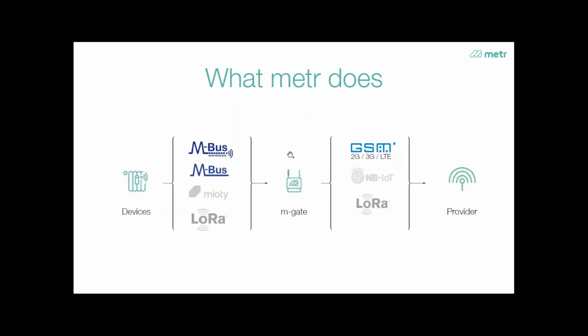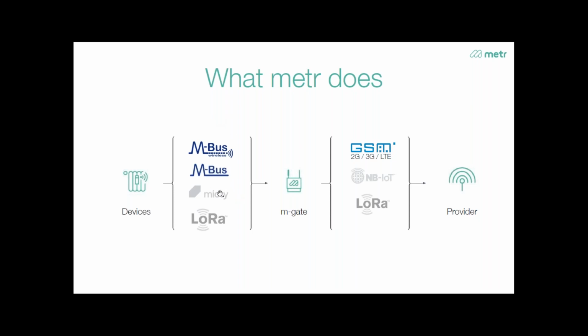Here again, at a glance: we have the devices on the left-hand side. We're using wireless M-Bus because, as I already said, most of the devices are already installed. We need to read out those devices, and we can't place new ones because that would be a huge effort. We also support wired M-Bus.